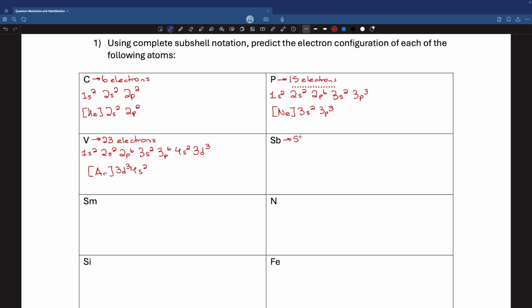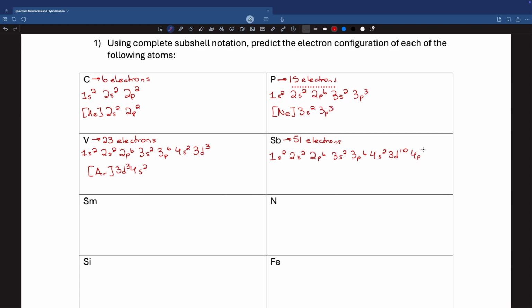Sb has 51 electrons. And so we'll start with our 1s2, and then our 2s2, and 2p6, and then 3s2, and 3p6, which means at this point we're down 18 electrons, so we need what, 33 more, I think? I'm kind of bad at math. Then 4s2, then 3d10, we can fit 10 electrons in this d orbital. That's our first d orbital in this example.